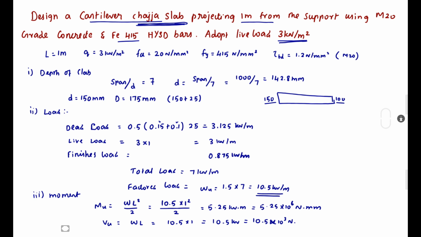Next thing is we can calculate the reinforcement. Before reinforcement, we can check the depth. Check for depth, that is MU limit equal to 0.138 FCK B D square. Now we can substitute all the values, that is 0.138 into FCK value is 20 into B value is 1000 into D value is 150 square.